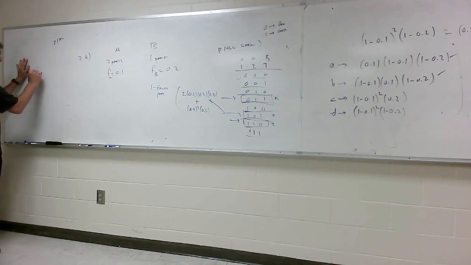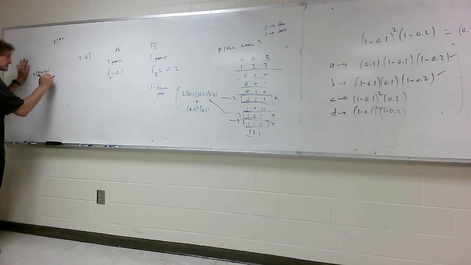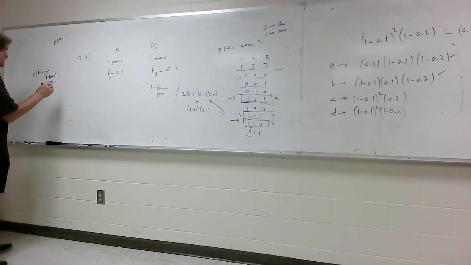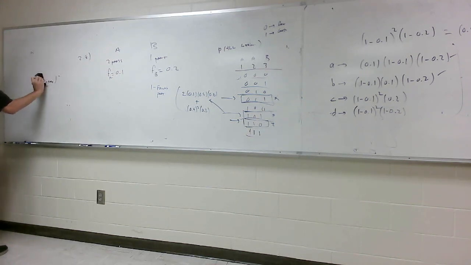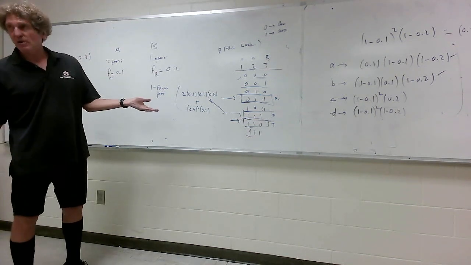I'll just spell failure in A given one failed part. I'm trying to do P of A given B times probability of B equals probability of B given A. Actually, we can do it with the law of total probability. We don't need this one, but I'm going to talk my way through this.